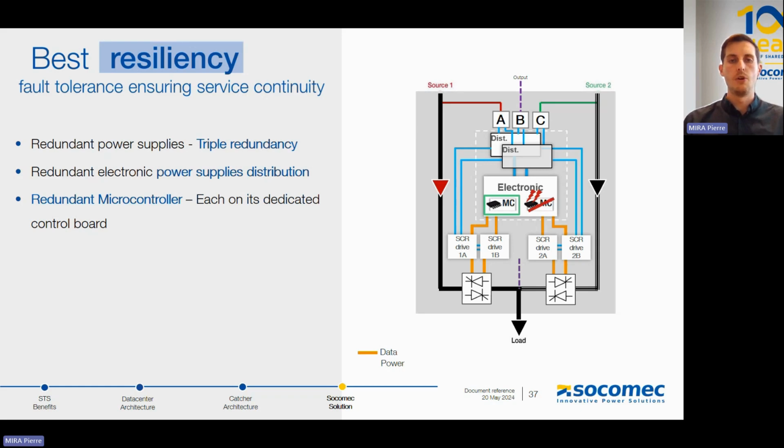It has all of the settings. It's recording all of the data and keeping all of the data. On top of that, each microcontroller is talking to the other in order to make sure the other one is working. So if we have a fault on one microcontroller, the second microcontroller will be able to manage the static transfer switch totally independently.